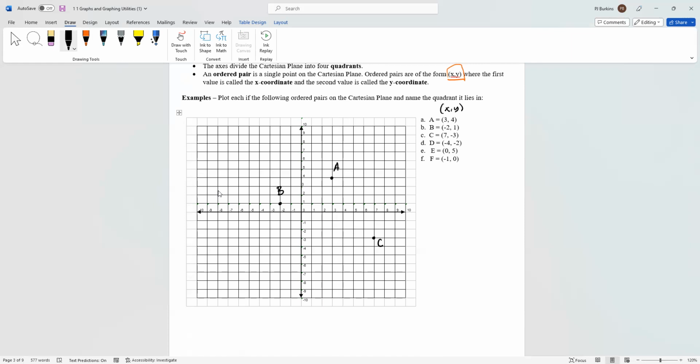Keep going. Let's do point D. Now D, notice, is (-4, -2). That's -x, -y. So that means go left and then go down, right? -x is left, -y is down. So -4 and then -2. So that puts me right there.